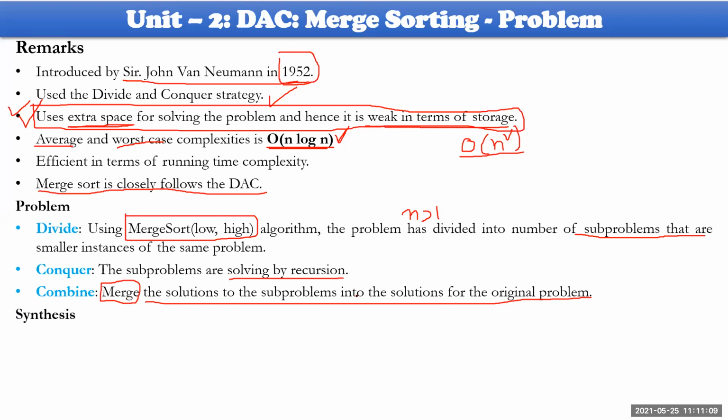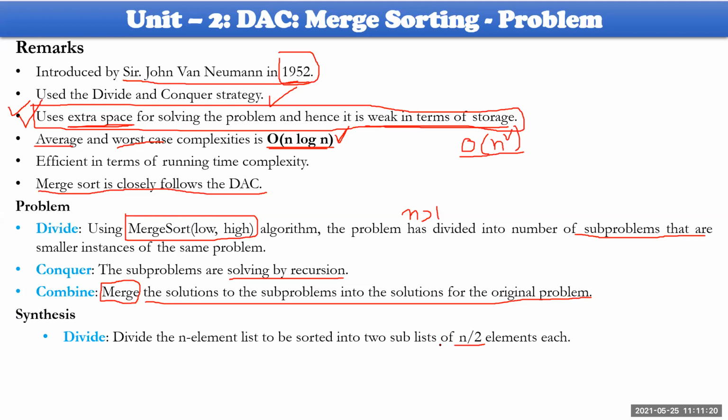What is the synthesis actually? What actually happens here? The divide operation is always done with n by 2 sublists, n by 2 at each recursive call. And the conquer keeps calling the merge sort algorithm a number of times in a recursive manner.